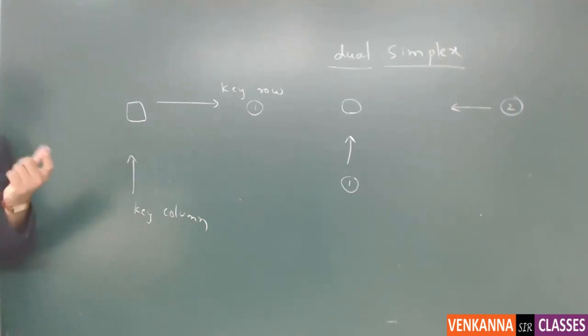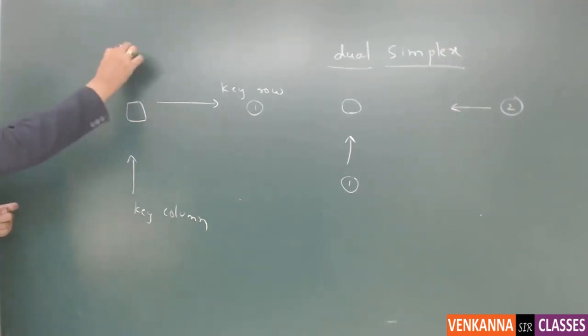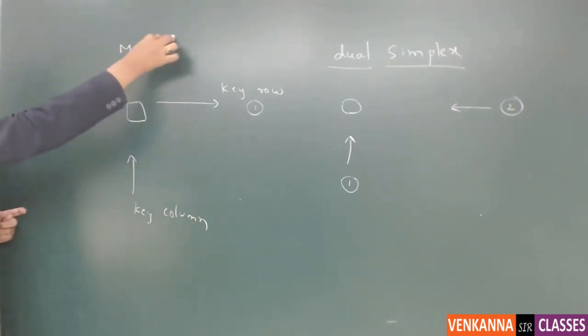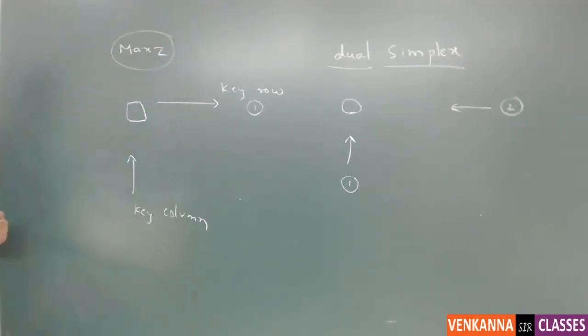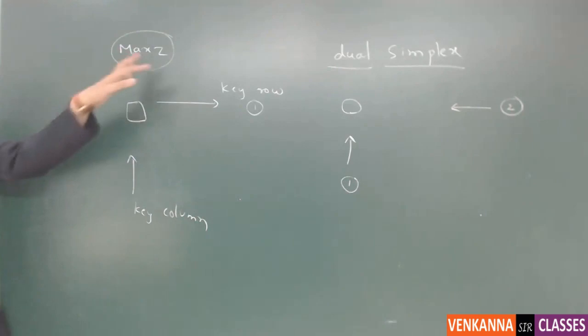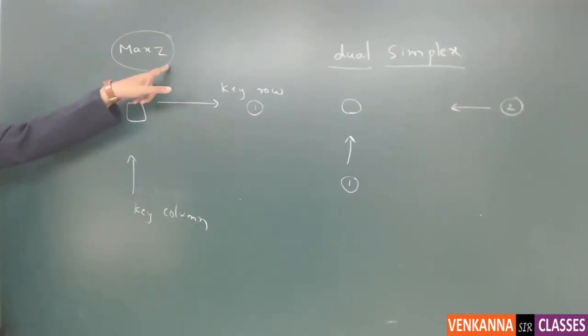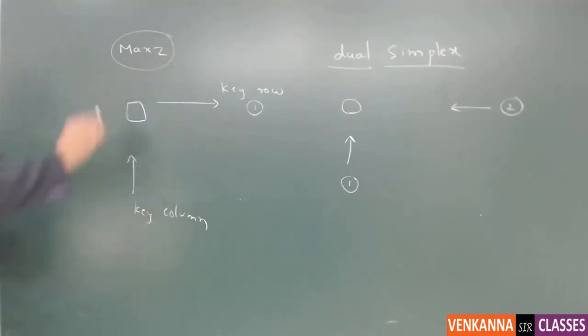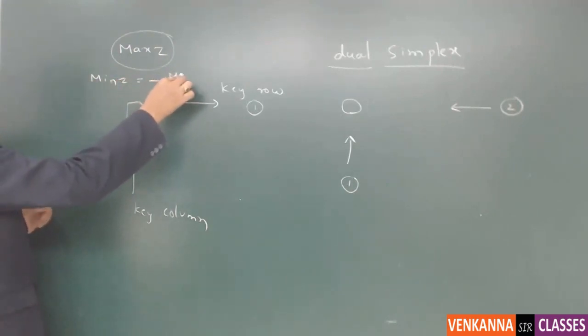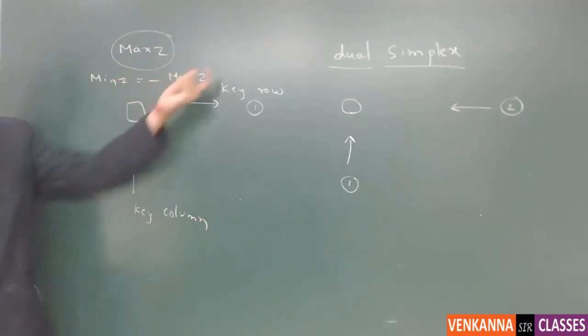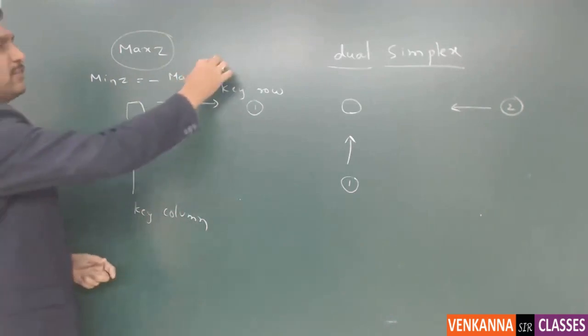And we always work with maximum Z functions only in dual simplex. So if the objective function is maximum Z, it is okay. If it is given as minimum Z, we multiply the objective values with minus, because minimum Z is equal to minus of maximum Z. So all the objective values are multiplied with -1.